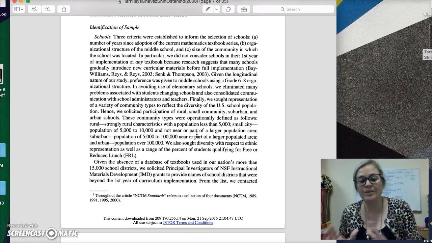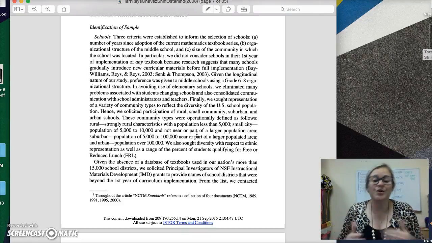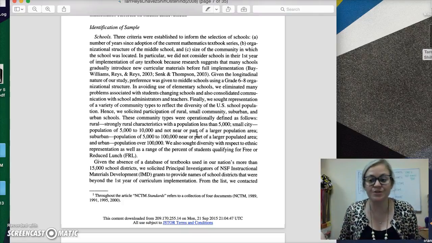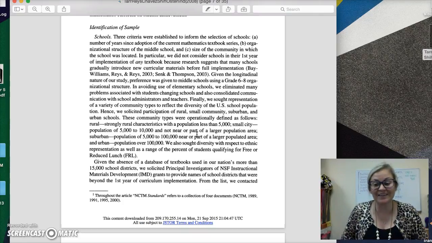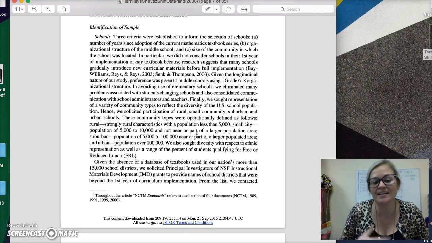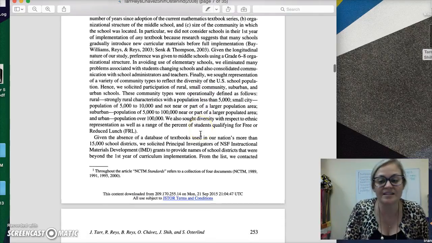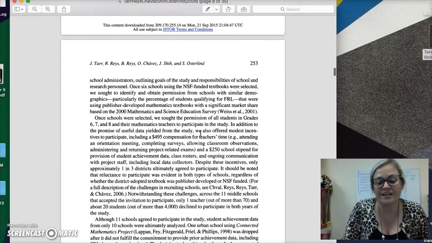So the difference between population and sample, I mean, when we think about the U.S. population and all the schools and all the textbooks they would use and all the students that have student achievement data, it would be impossible to get every single school in the whole United States to agree. So he and his colleagues have to find a sample that might be representative of the United States in some kind of way, or at least a part of the United States.